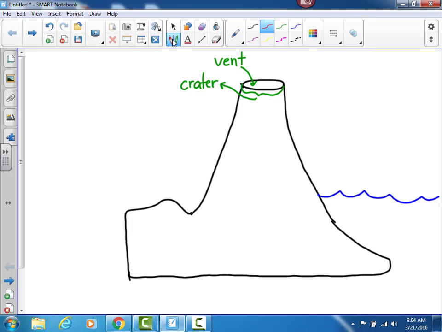So we'll have a big magma chamber down at the bottom. And we're doing plutonic structures too, so we'll make room for some of those as we draw in our magma chamber.